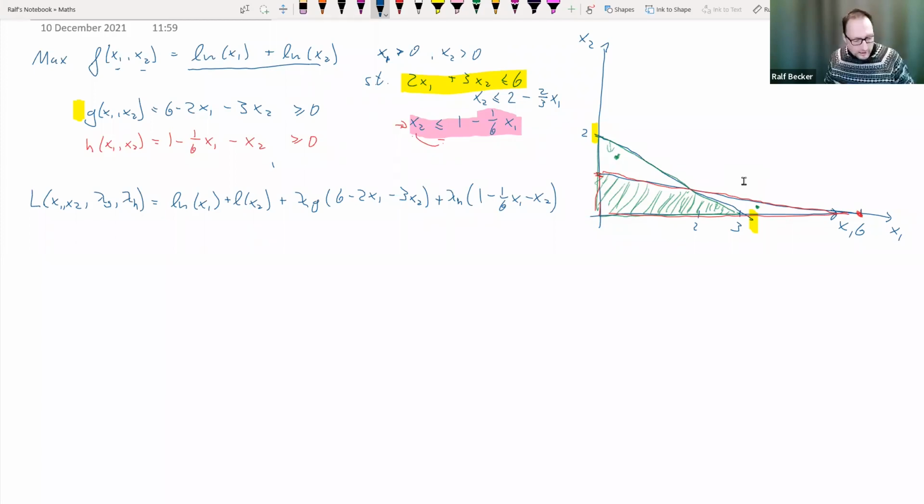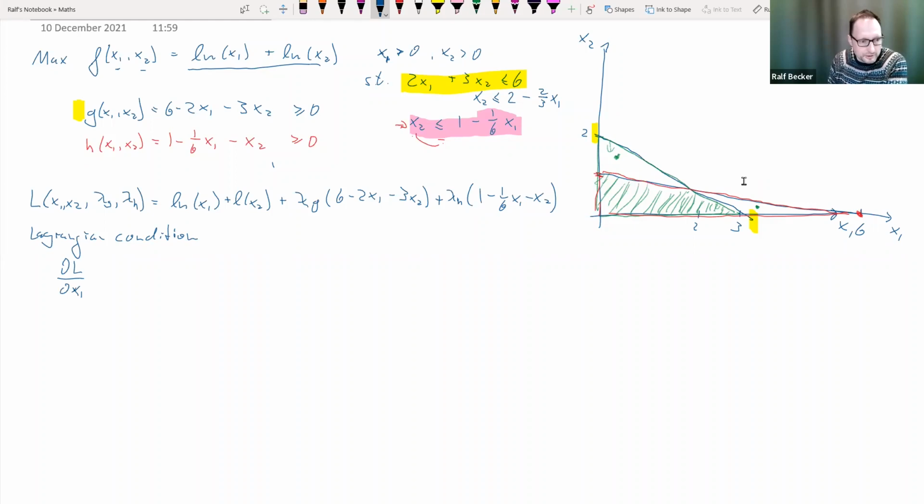Now, what are the necessary conditions? So the Lagrangian conditions. The partial derivative of the Lagrangian with respect to x1 has to be equal to 0.